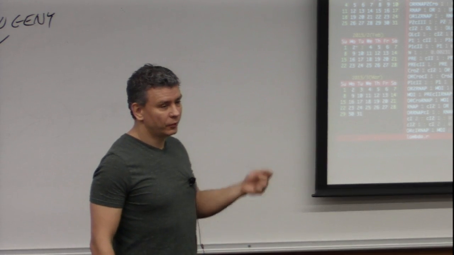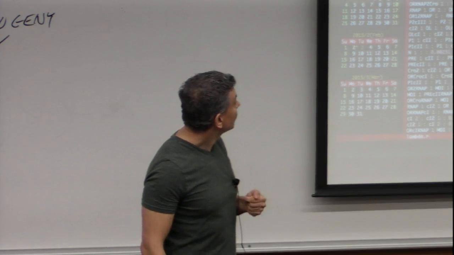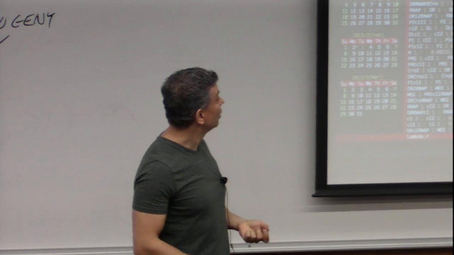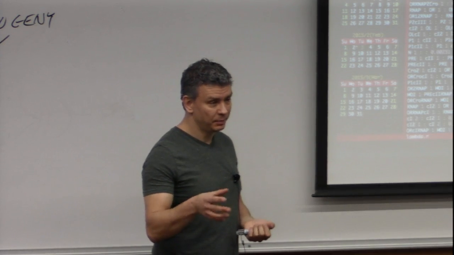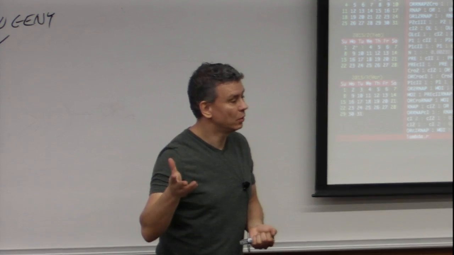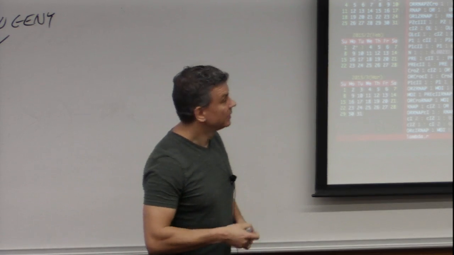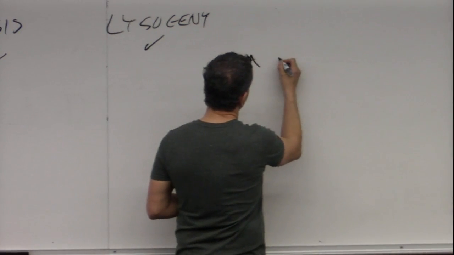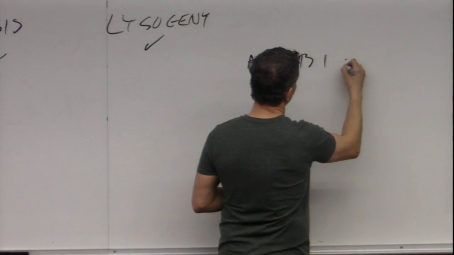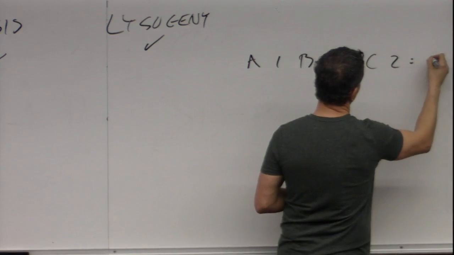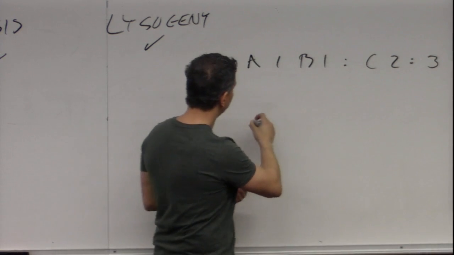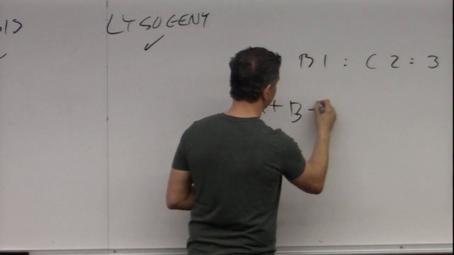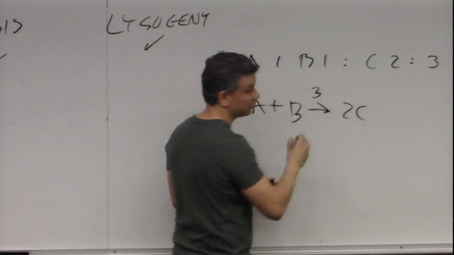And the format of the reaction is simply a type and a coefficient, a type and a coefficient, then a colon, a type and a coefficient, a type and a coefficient, and then a colon, and then a rate. Suppose we had A 1, B 1, colon, C 2, colon, 3. This would be the reaction A plus B goes to 2C at a rate of 3.